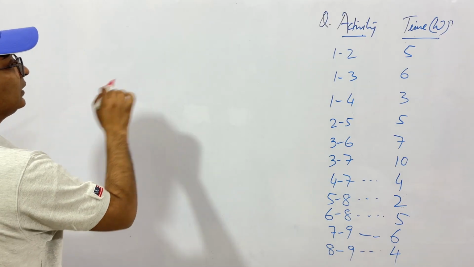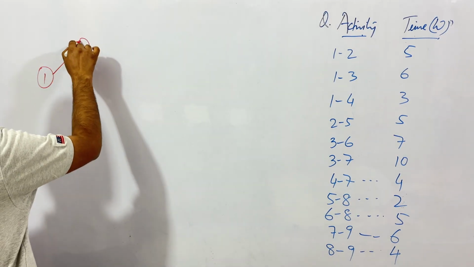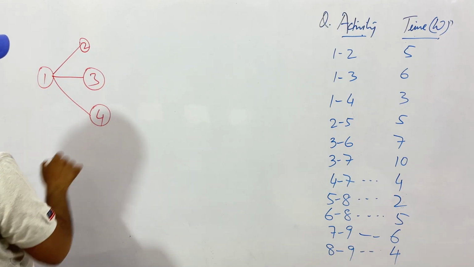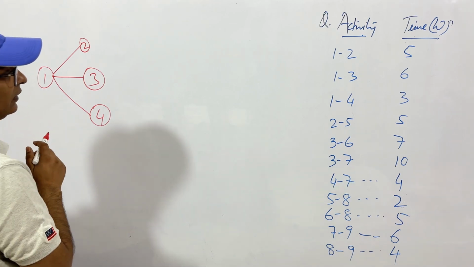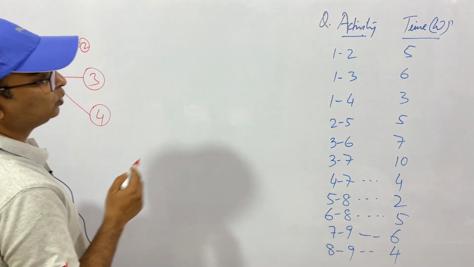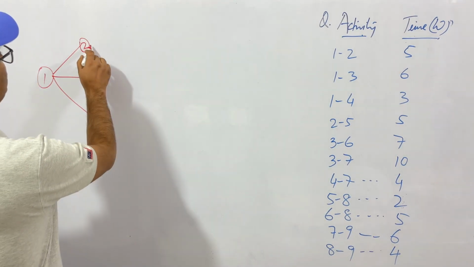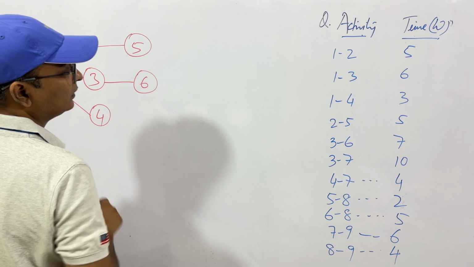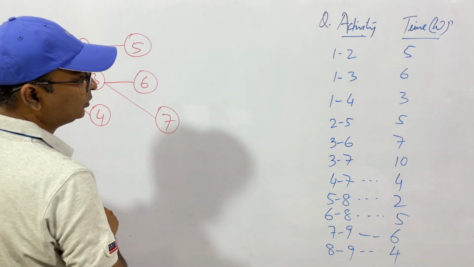It says 1-2, 1-3, 1-4. So we have node 1, then 1 to 2, 1 to 3, 1 to 4. Then we have 2 to 5, 3 to 6, 3 to 7.